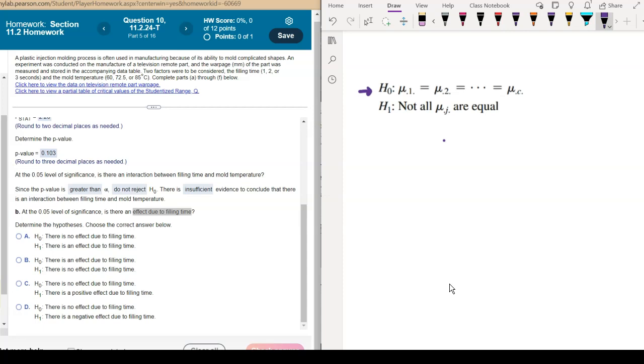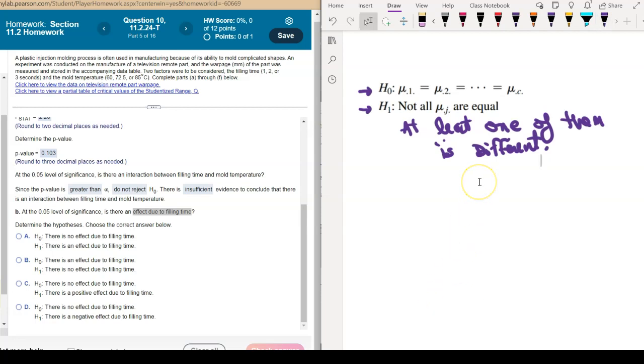Here for H0, the means are equal to each other. And for H1, not all the means are equal, or at least one of the means is different, right? Okay, so we are looking for an equivalent statement to this.